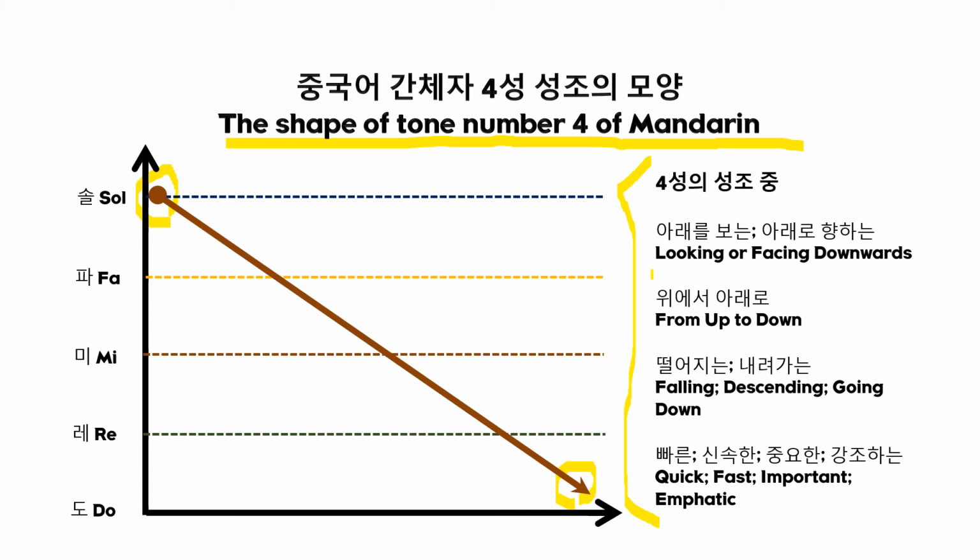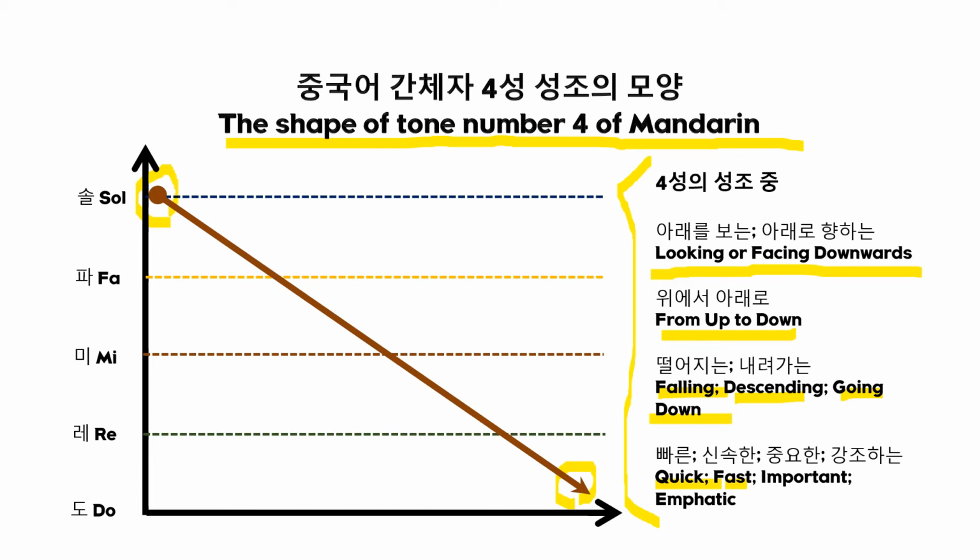So looking or facing downward from up to down, it's falling, descending, and going down. Quickly, fast, but I have added two more key concepts here.